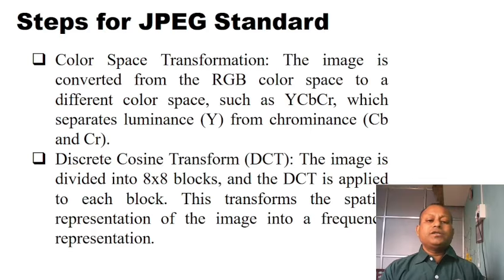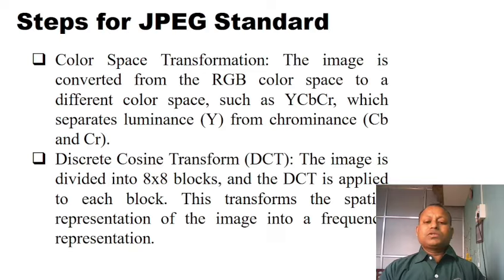We have already discussed that the first step is color space transformation. The image is converted from the RGB, that is red, green, blue color space, to a different color space such as YCbCr, which separates the luminance, indicated by Y, from the chrominance, Cb and Cr.